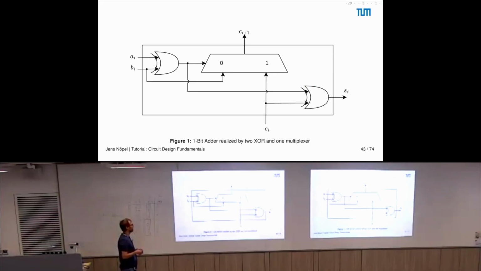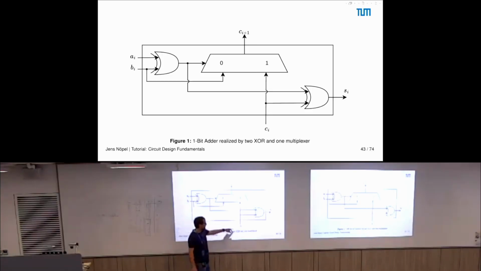This is how you can depict it. And what you see here is you have AI, BI now fed to the XOR, which selects for us the multiplexer. In this case, we chose B to be forwarded to the output.